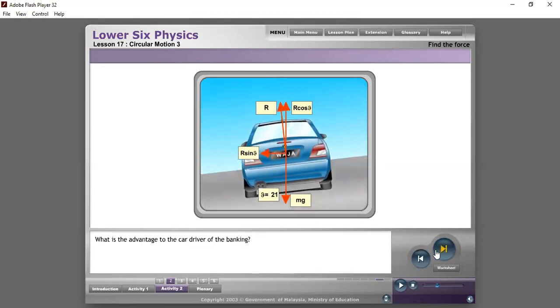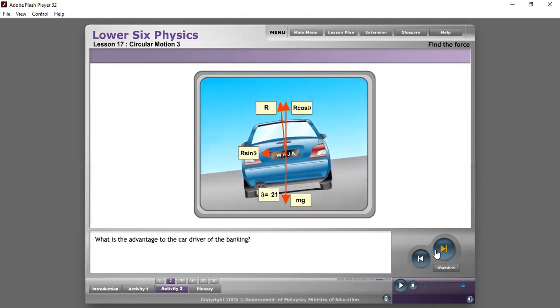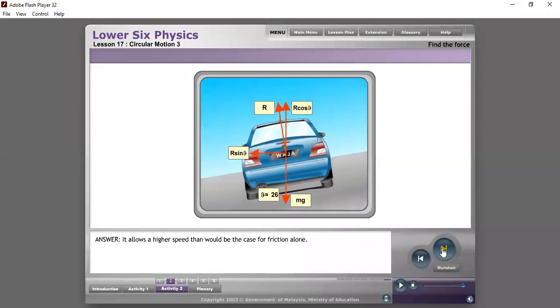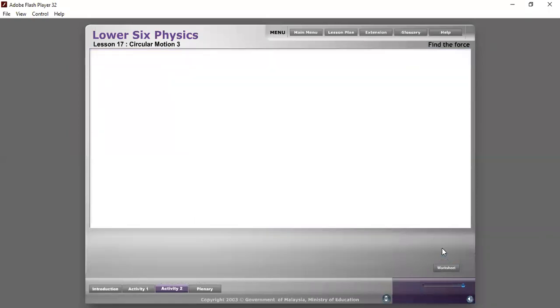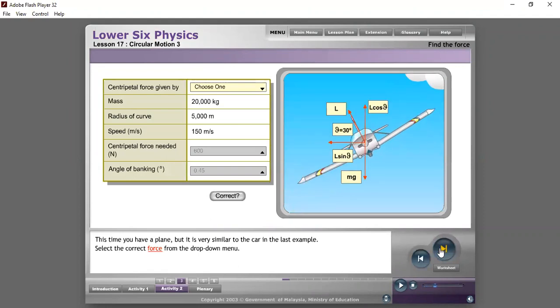What is the advantage to the car driver of the banking? Answer: it allows a higher speed than would be the case for friction alone. So that means the car can turn with higher speed. This time, you have a plane, but it is very similar to the car in the last example.